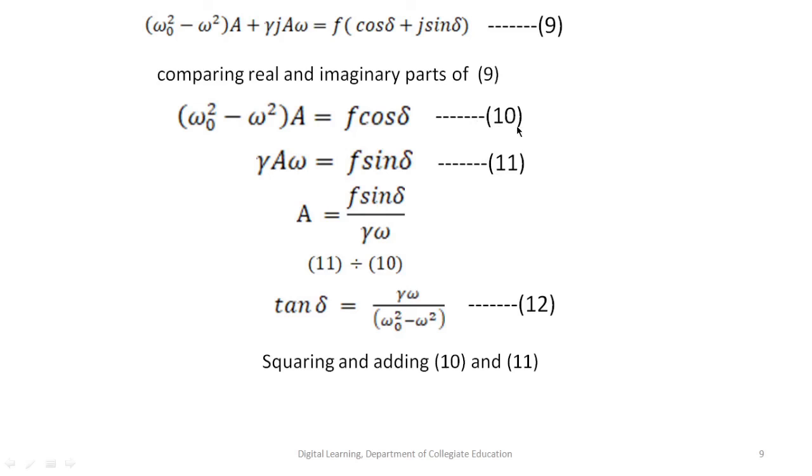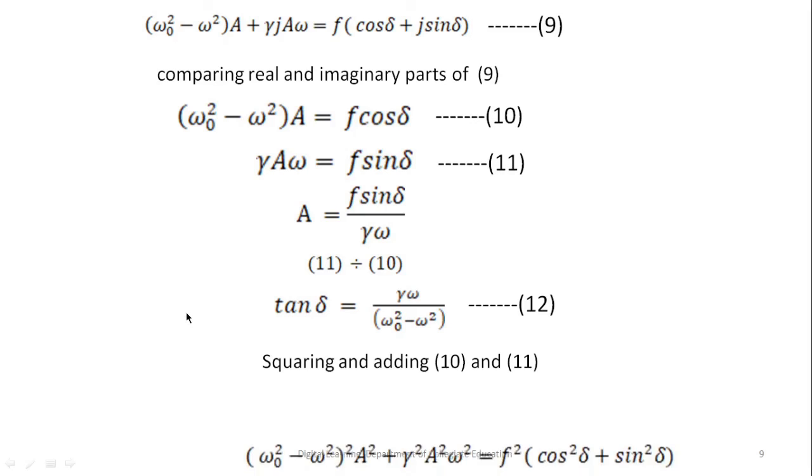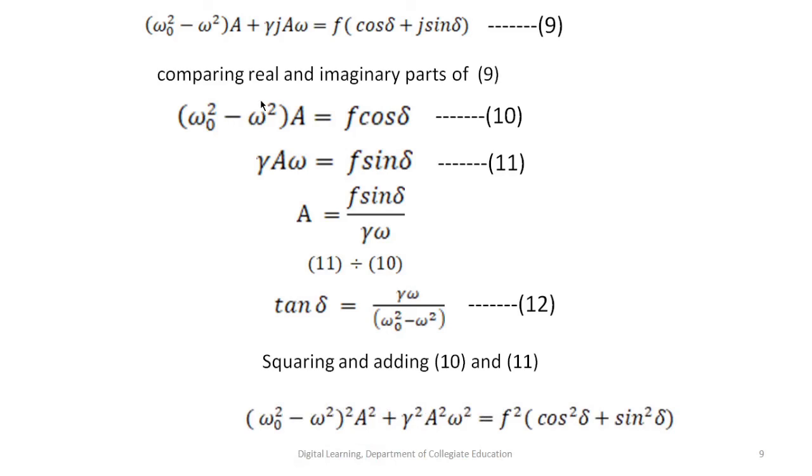Adding the squared values, we get omega naught square minus omega square whole square into a square, plus the right hand side of equation 11, that is nu a omega whole square, which becomes nu square a square omega square, is equal to the squares of the right hand sides: f cos delta whole square becomes f square cos square delta, plus f sin delta whole square becomes f square sin square delta.